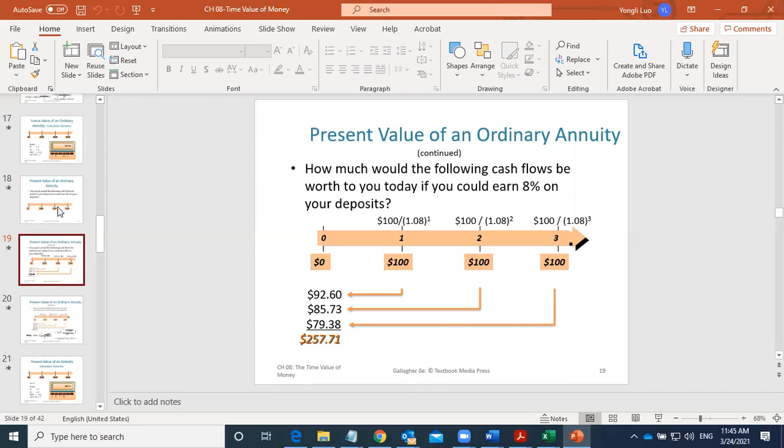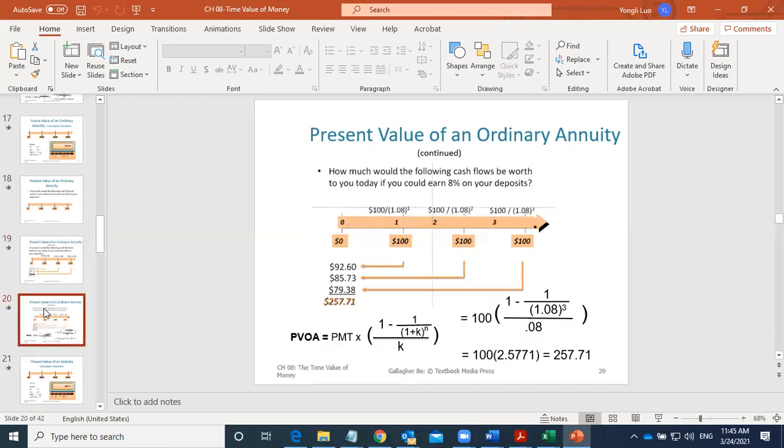Every year it generates profit. Okay, so now we have the present value of ordinary annuity. You can use the formula, and you sum them up.